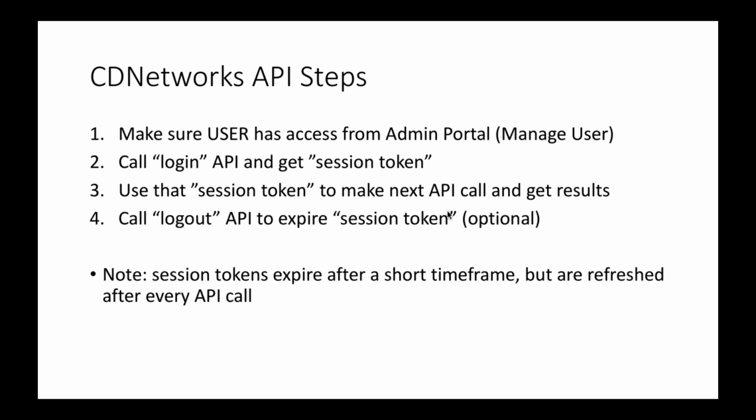Now, in the CDNetworks portal, you can segment certain users to certain paths and certain websites, if you will. So you just got to make sure that the user has access to that data. If you've just created it from scratch, you probably all have everything for your single user, so that would be okay. But if you don't have access, you're going to fail pretty quick.